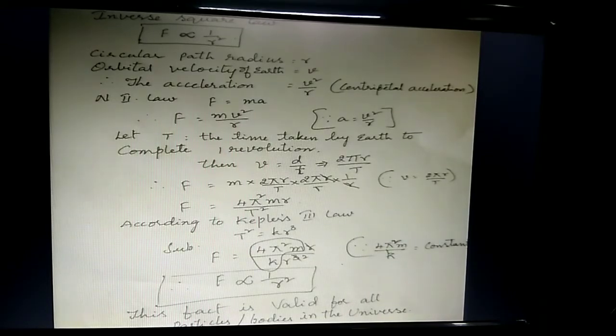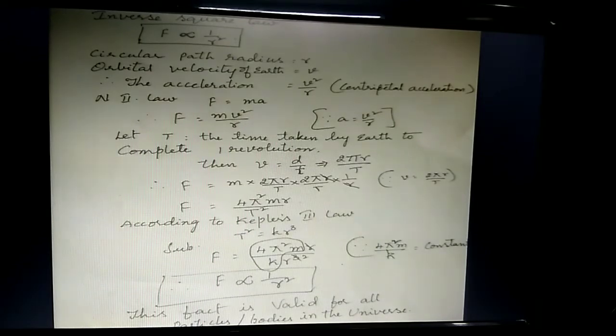So F = m into, by substituting the v value, v = 2πr/T, v² = 4π²r²/T². So 4π²r²/T² into m by r. So r and r get cancelled. We will be getting F = 4π²mr/T².